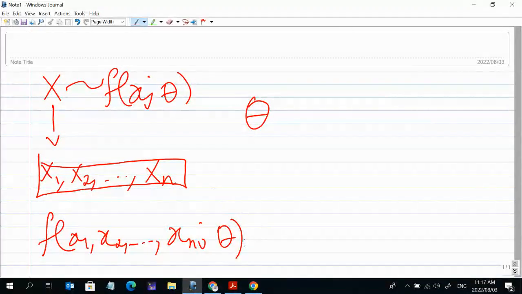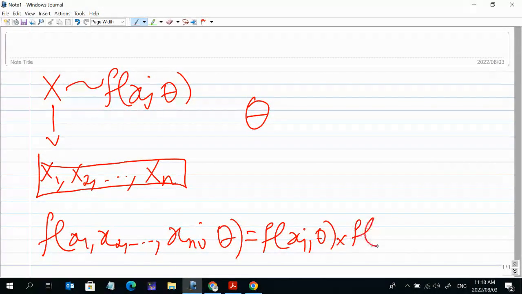If these variables are independent, then the joint function is nothing but the product of these functions.